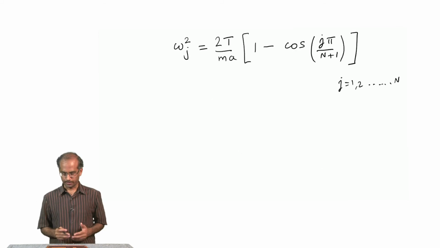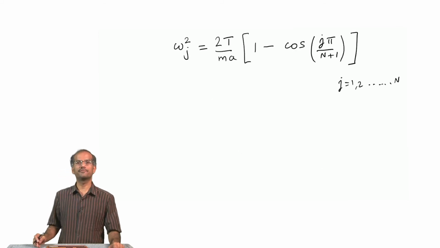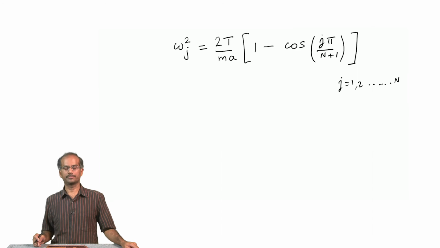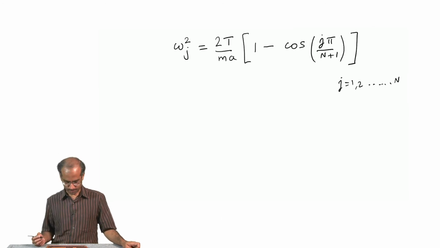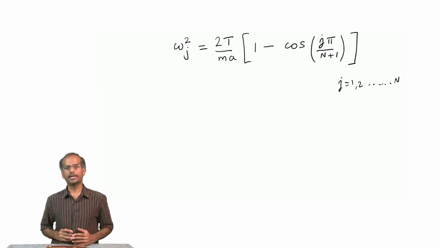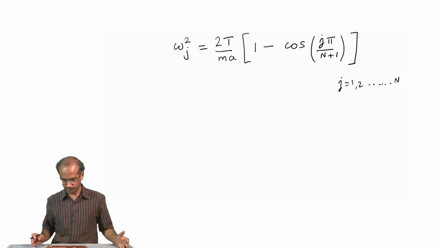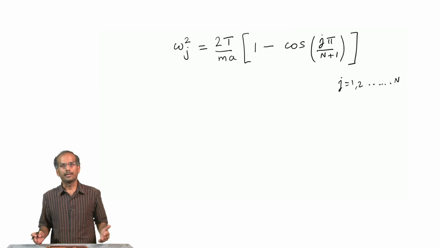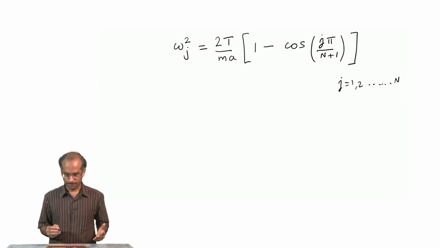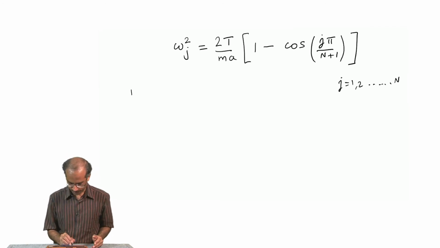Now, we can do a few simple manipulations on it and make it a little more elegant. Okay. So, I have just rewritten this expression for omega j square and I have substituted for omega 0 square. So, this is the general expression that we need to use, and these are the usual normal mode frequencies for our problem.